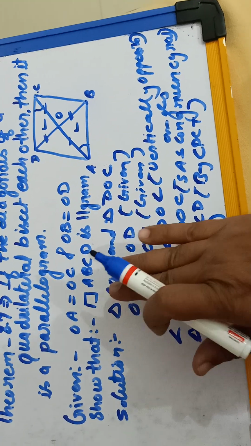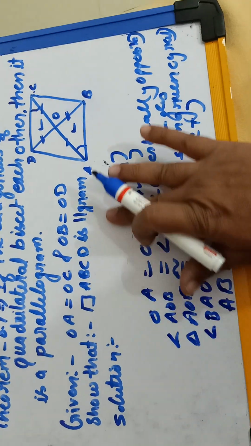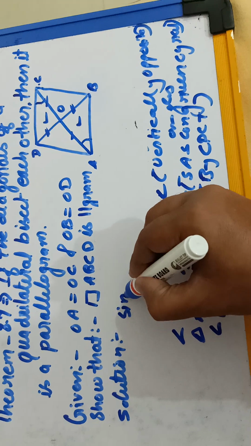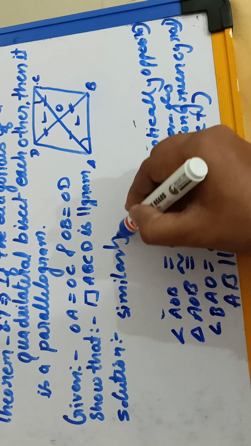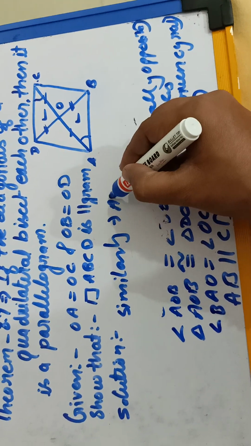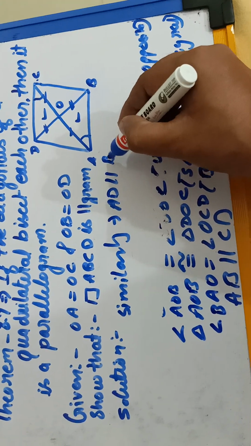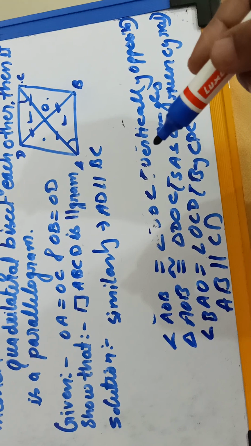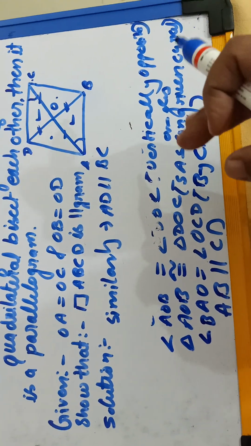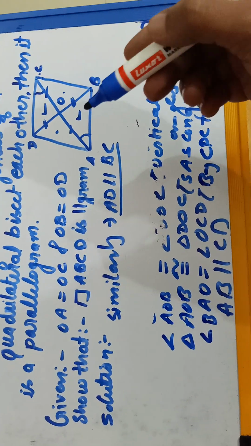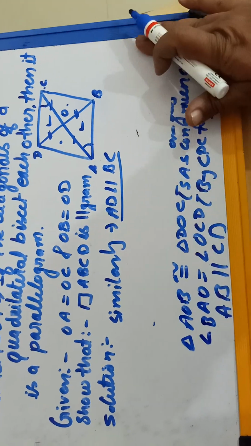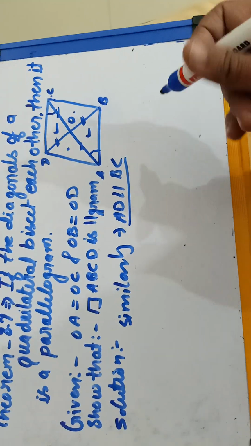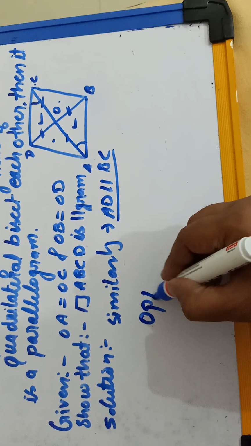Similarly, I am writing here, AD is parallel to BC. We will take now second time these two triangles to prove that triangles are congruent. So these two sides are parallel. When all four sides are parallel, you can see opposite sides are parallel.